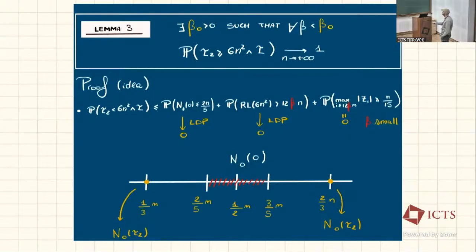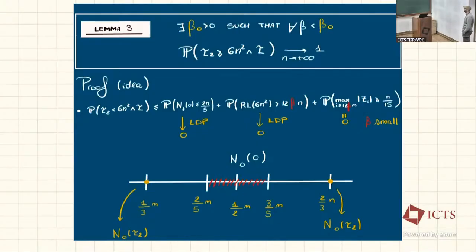The second condition is just that we don't take too many steps in our random walk. If we choose beta small enough, we can choose it so small that we don't take enough steps to be able to move to n over 15. So in that sense, this probability is 0 if beta is chosen small enough.